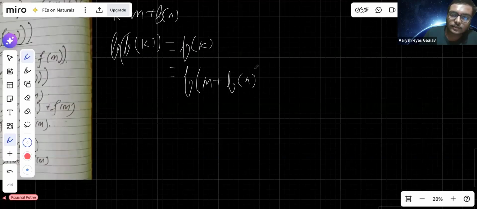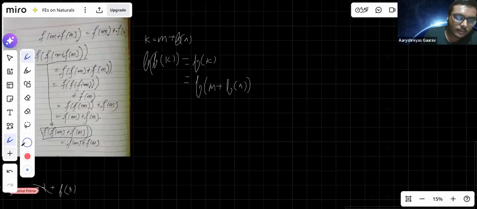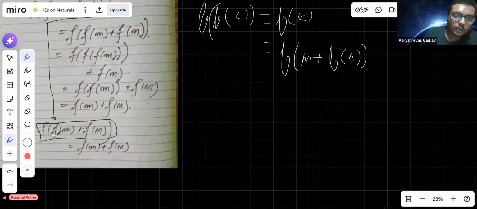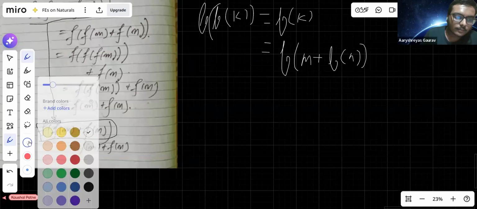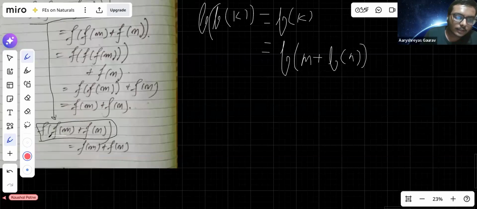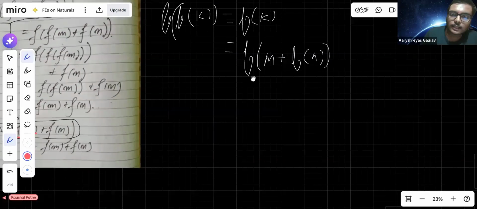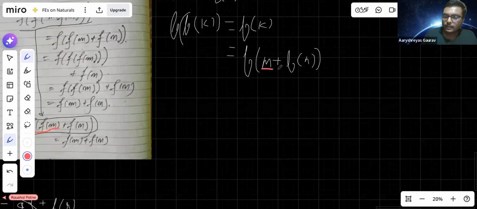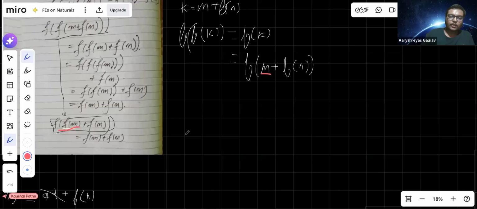That's what you are getting wrong. You wrote it like this, but it is actually just m, not f of m. Can you see where you got it wrong?